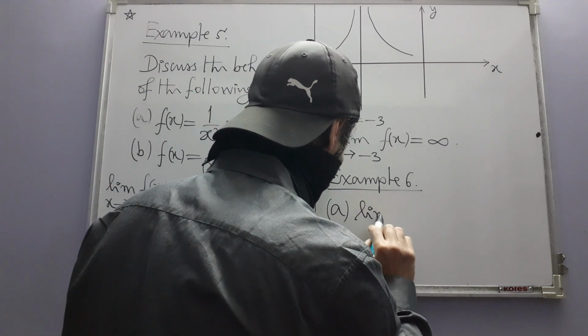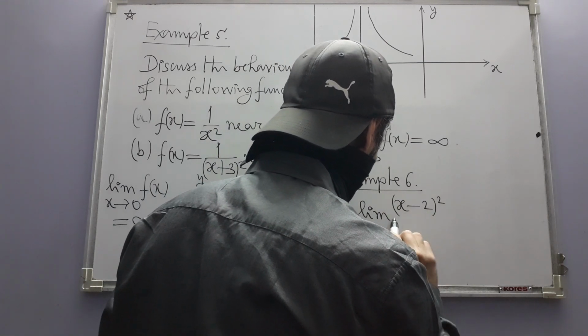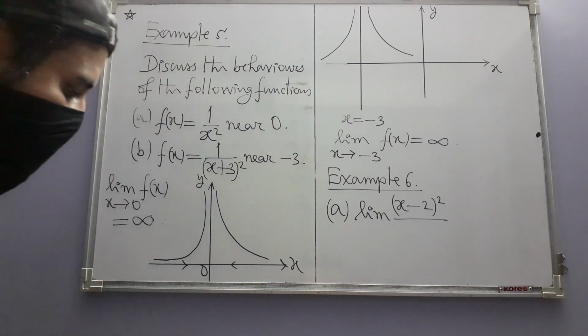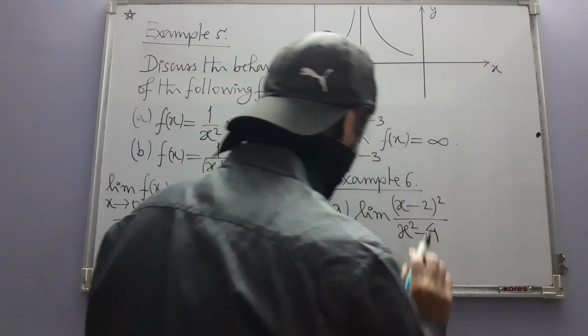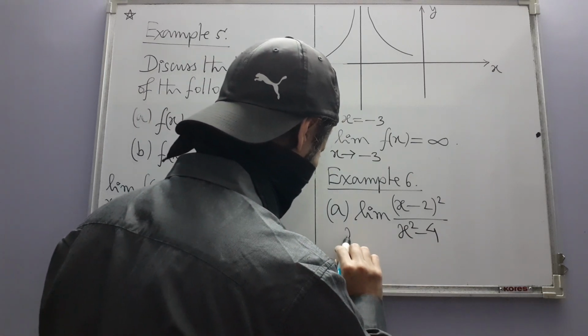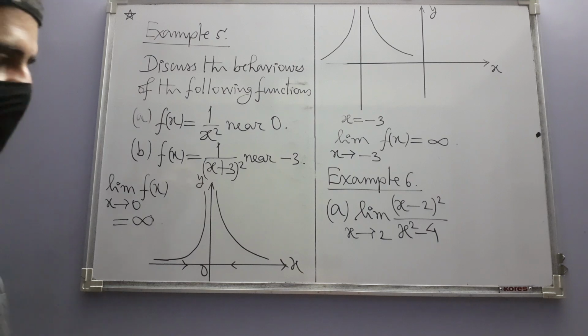In part A, we have this limit of (x minus 2) whole squared divided by x squared minus 4 as x approaches 2.